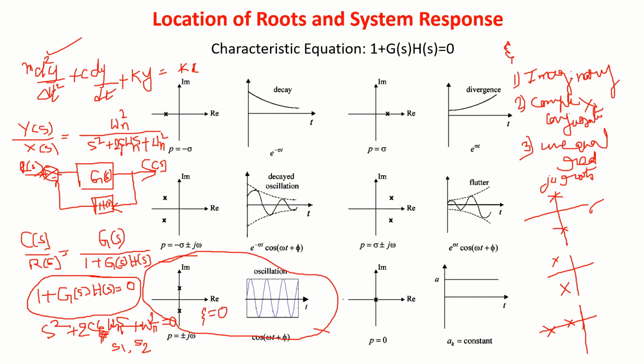If I plot the response of the system, it will be continuously oscillating with constant amplitude. If you have complex conjugate roots, you can always find out theta. This is the zeta equal to 0 line and zeta equal to 1 line, and this is an underdamped system, and the response will be oscillating, gradually it will damp down and settle down like this.